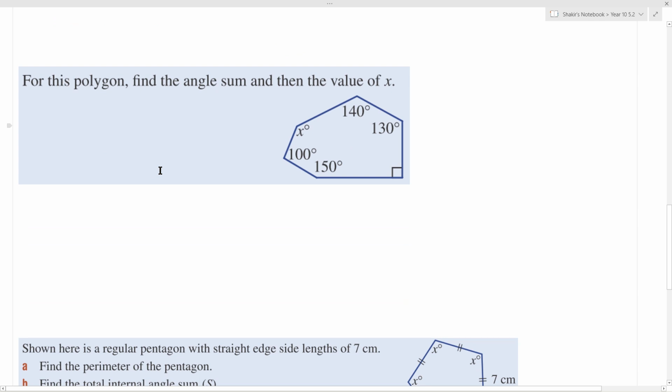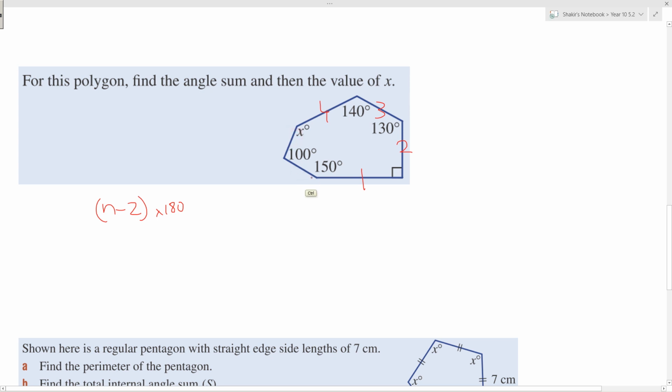For this polygon, find the angle sum and then the value of x. The inside angles of a polygon add to n minus 2 times 180, where n is the number of sides. How many sides here? 1, 2, 3, 4, 5, 6. There are 6 sides.